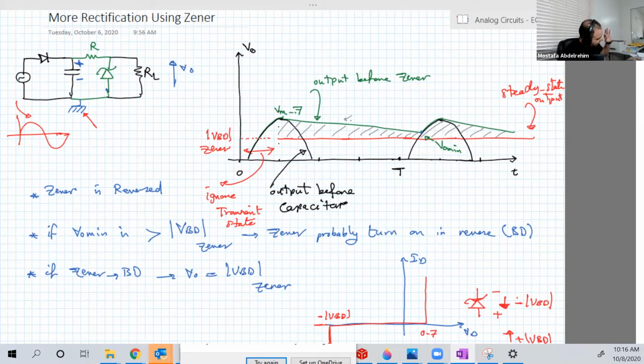If the input is a perfect DC to the speaker, you will not hear such noise. So it depends on the applications that you have. If the application is tolerable to some variation in its DC input, then don't use the Zener. Just use the capacitor, and that's very good. If it's sensitive like a speaker, no, you should use a Zener at that time.